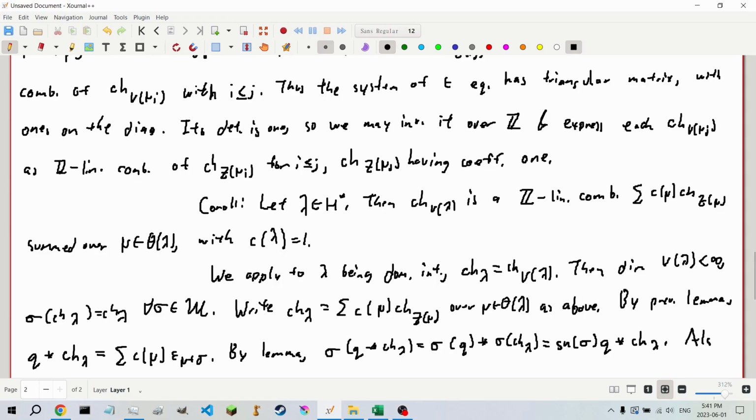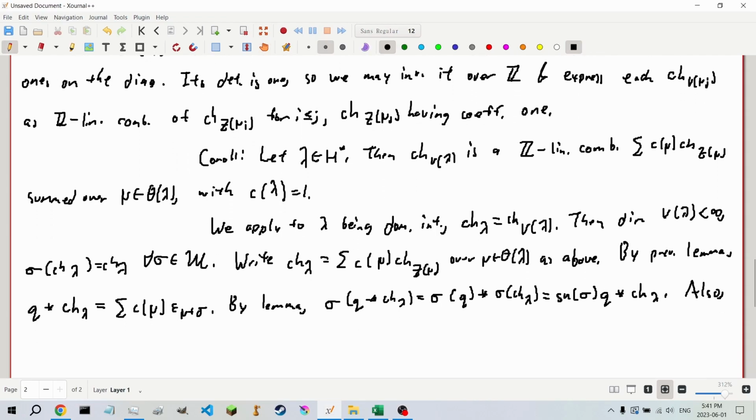We also get that we can apply this to the other side: sigma of the sum of our c mu times e of mu plus delta is the sum of our c mu times e of sigma of mu plus delta.